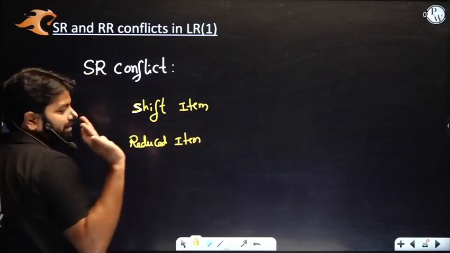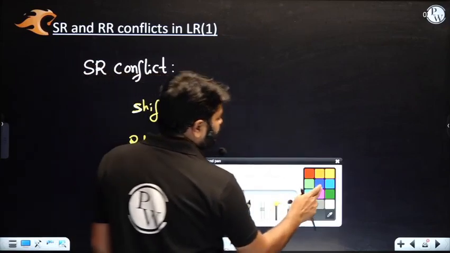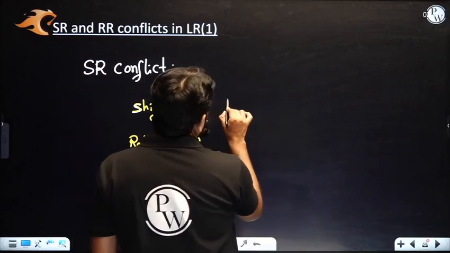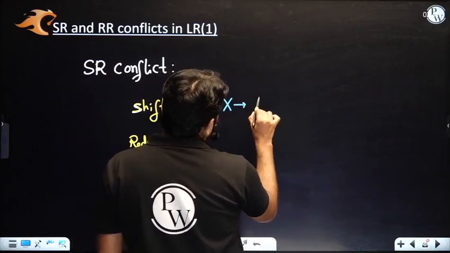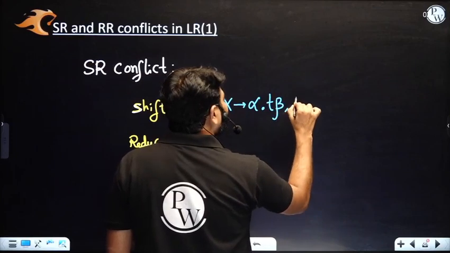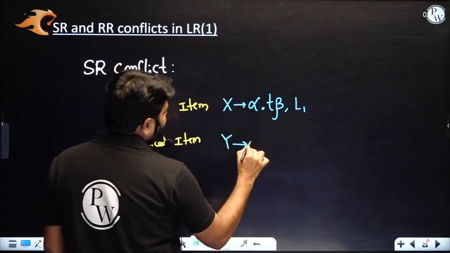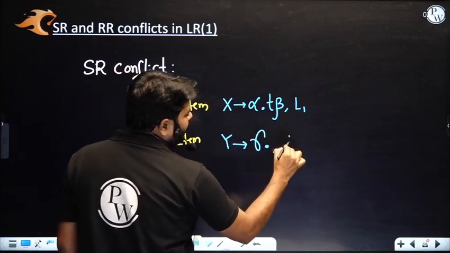Everything is there here itself. In the shift item, you see something like X derives alpha dot t beta, comma, some lookahead set L1. Here you have, let's say, Y derives gamma dot, reduced item, comma L2.